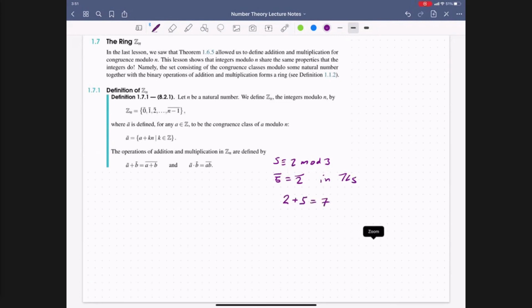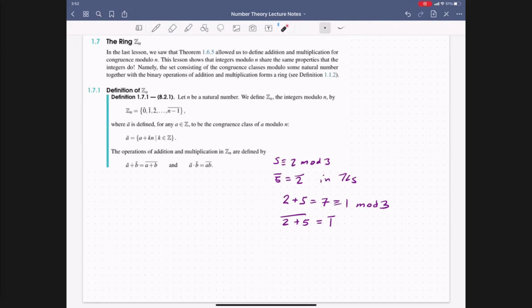Modulo 3, this is 1. So what this is getting at is that when we do 2 bar plus 5 bar, this will be the same as 1 bar. But that's just coming from how we define it. 2 plus 5 is 7. 7 is congruent to 1 mod 3. And therefore, this is going to equal 1 bar.